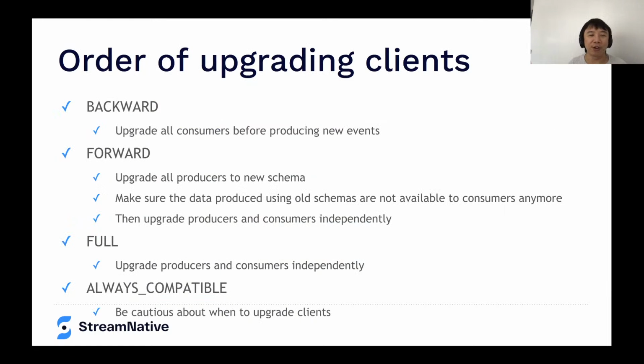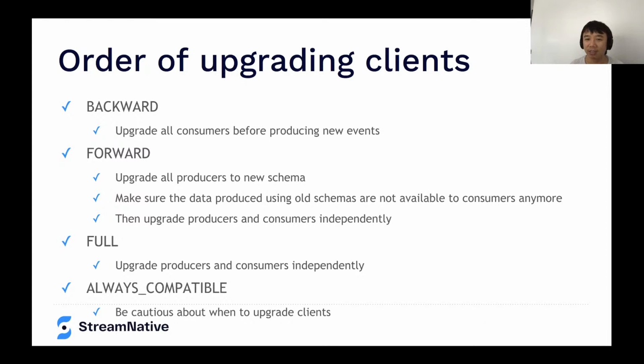I already have a slide to talk about upgrading clients. So for backward, upgrade all consumers before producing new events. And for forward, upgrade your producers to produce the new schema, and make sure the data produced with the old schema is not available to consumers anymore.